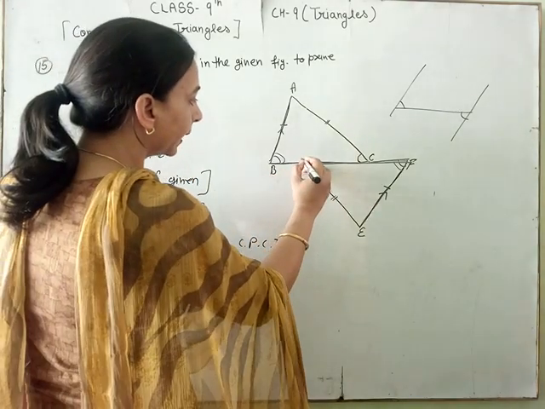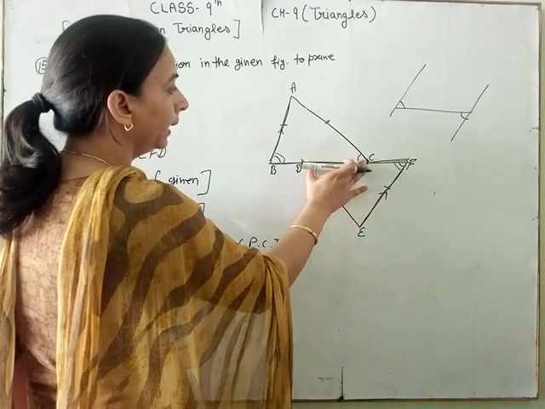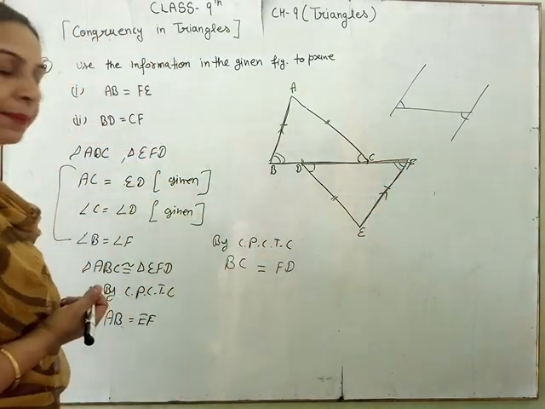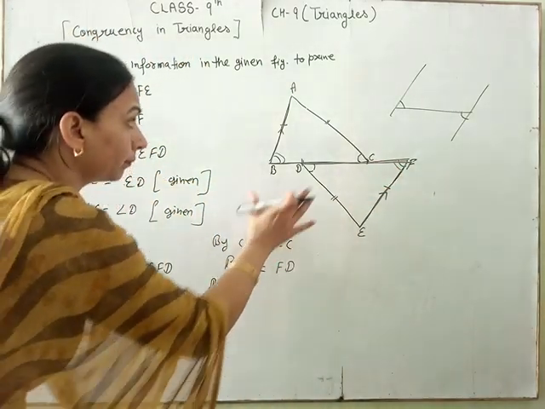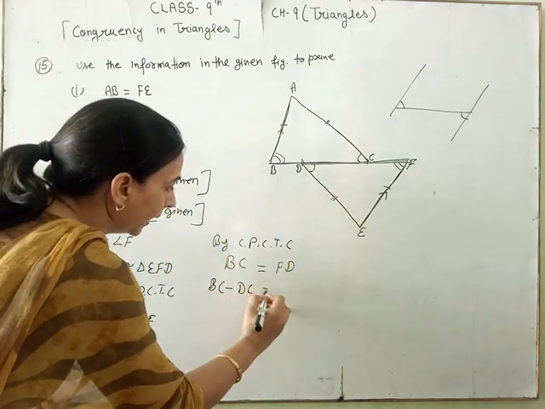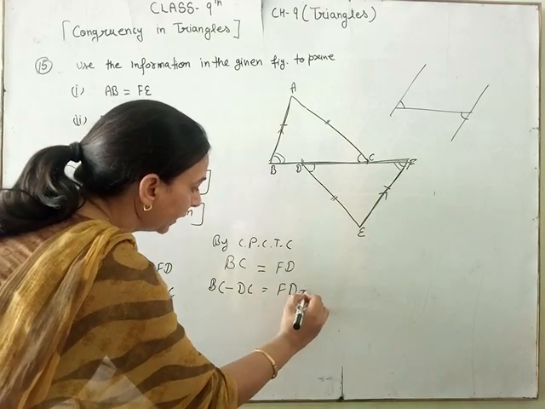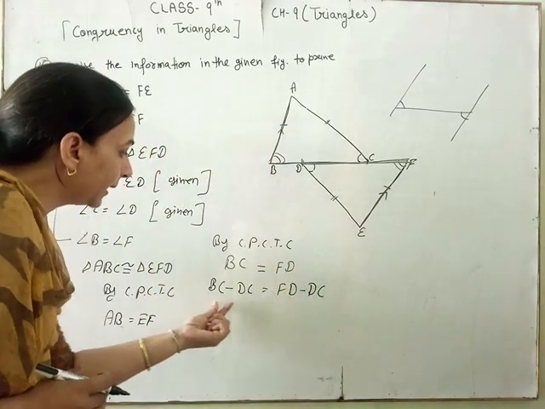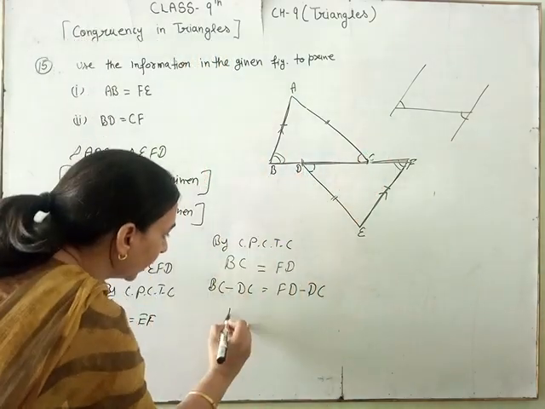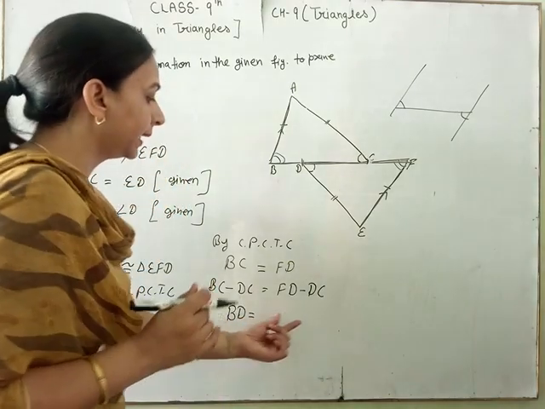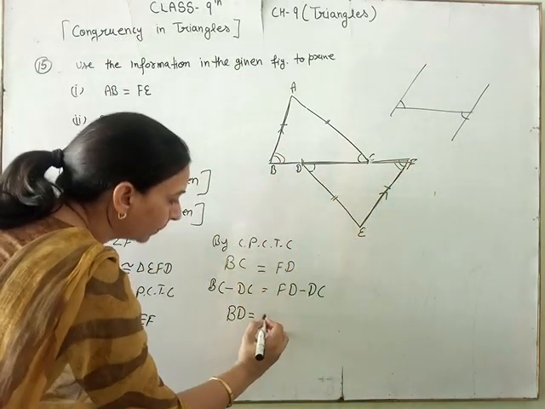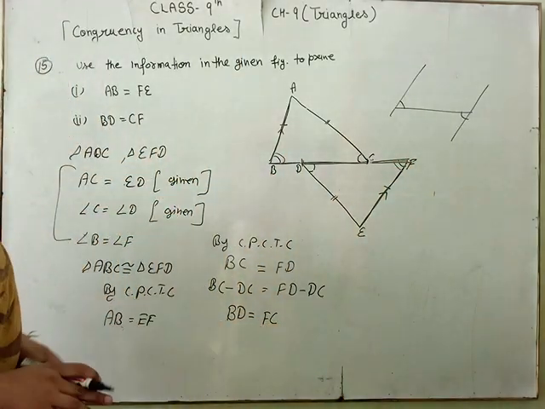Student, if we subtract this common part DC from both sides, then only BD and FC remain. From BC we subtract DC, and since DC equals FD we subtract DC. BC minus DC leaves only BD, and FD minus DC leaves only FC. Then this is part number 2.